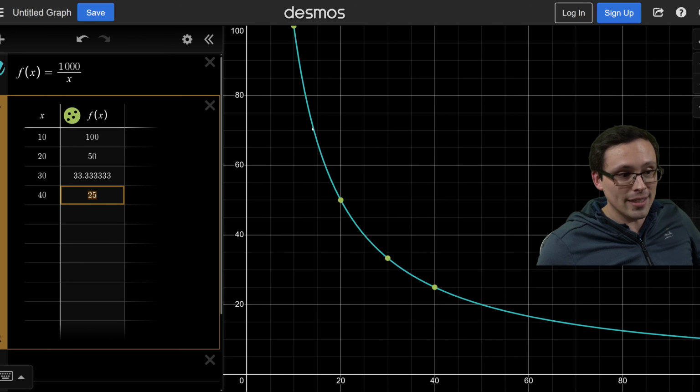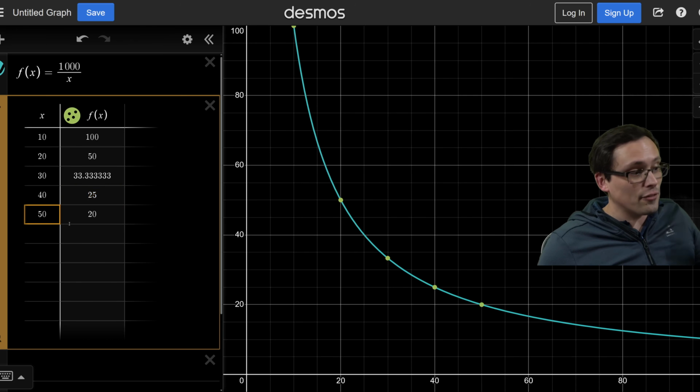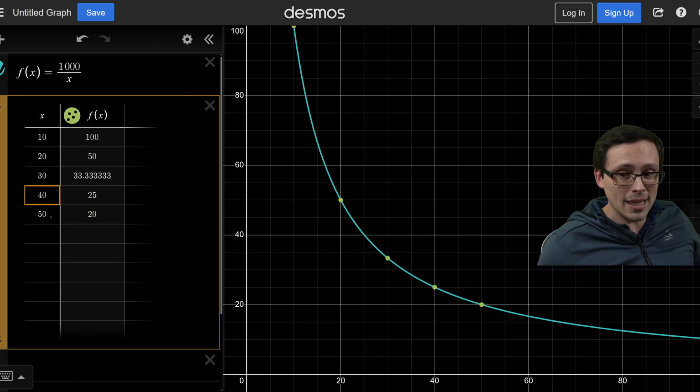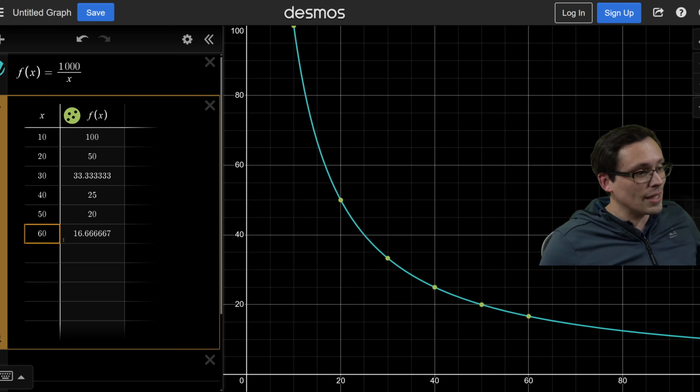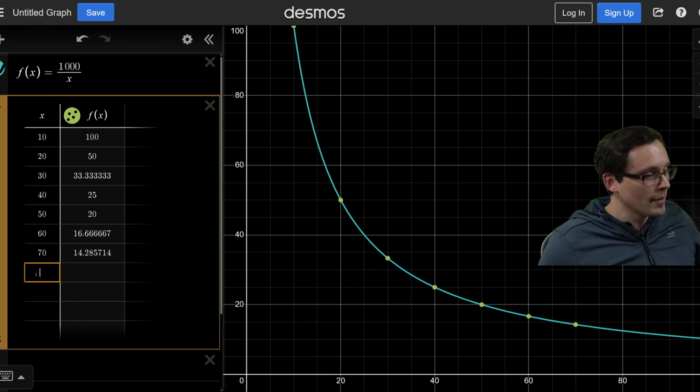If we go to 40 FPS, that's 25 milliseconds of frame time. Again, you can see these plotted on the curve here as they go down, right? 50 frames per second is 20 milliseconds of frame time. So now going 10 more FPS has only improved our frame times by 5 milliseconds. And now going to 60 FPS, we get to 16 2/3, etc. If we keep going here, you'll see that the diminishing returns become ever more diminishing.